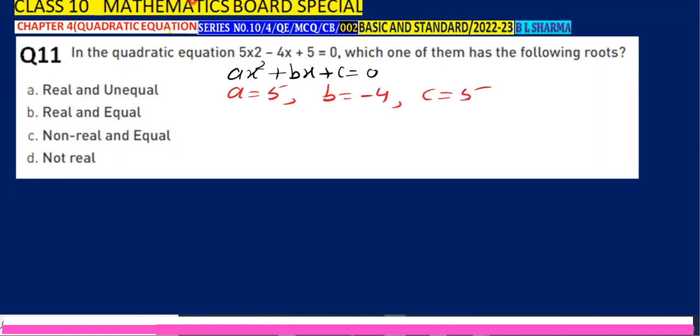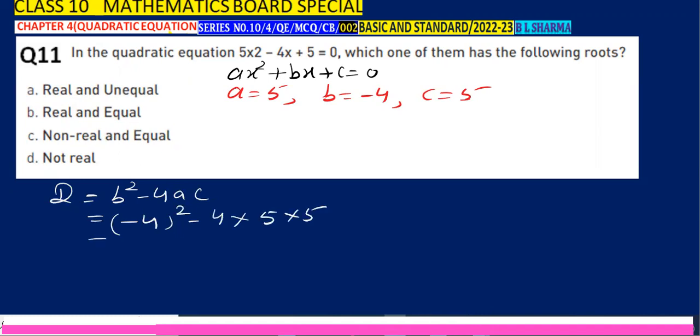Then we find out the discriminant. Discriminant is b square minus 4ac, that is minus 4 whole square minus 4 into 5 into 5, that is 16 minus 100, that is minus 84, which is less than 0.